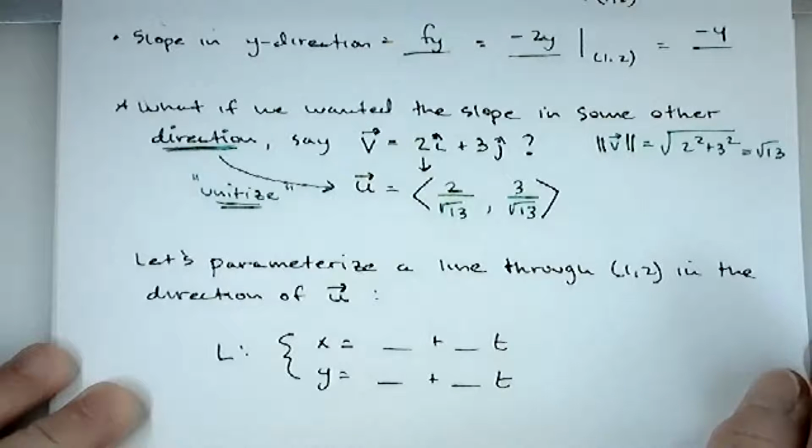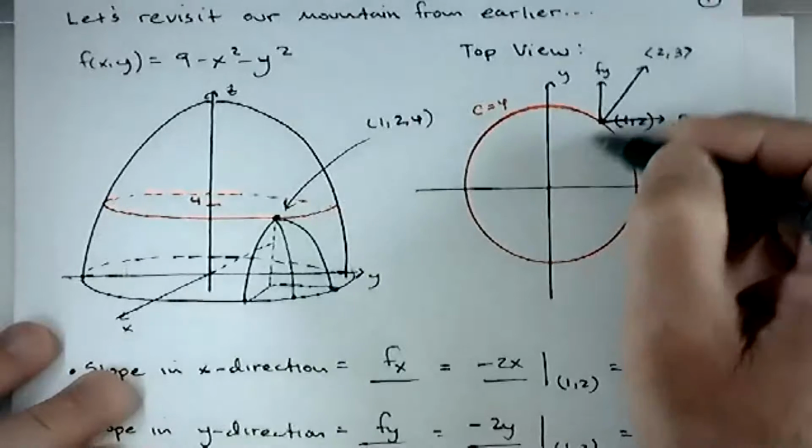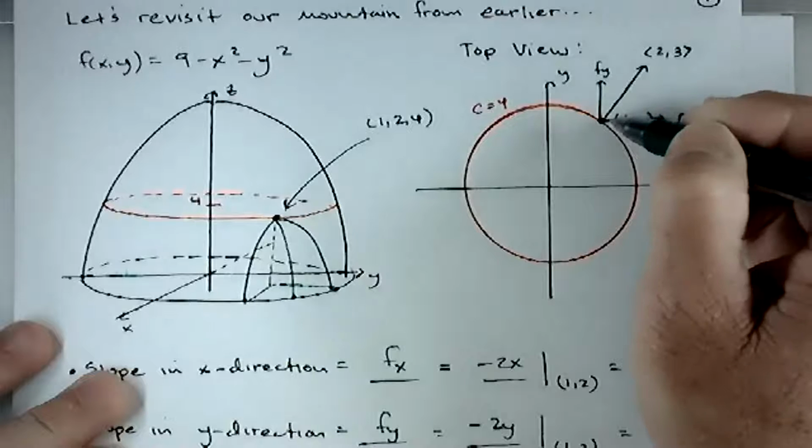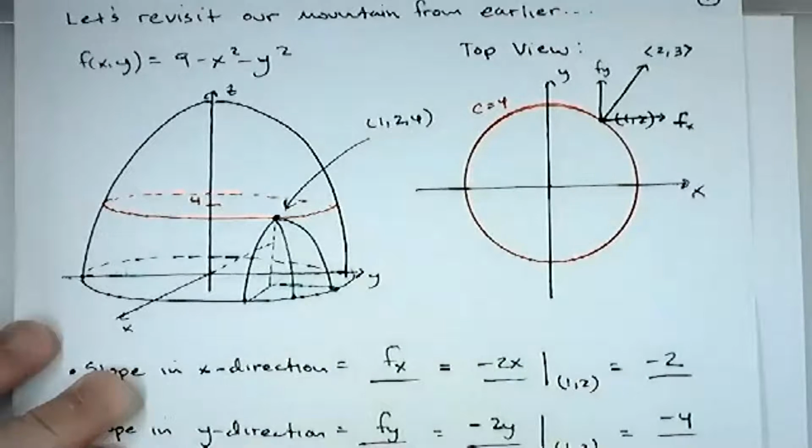Meaning I want to find the equation of a line that's going in this direction that I know passes through my point 1, 2.